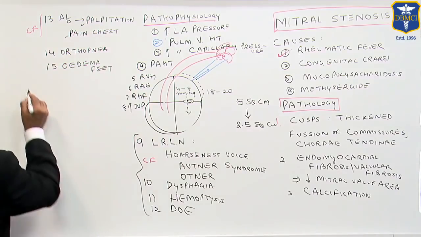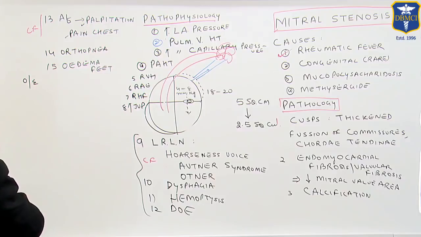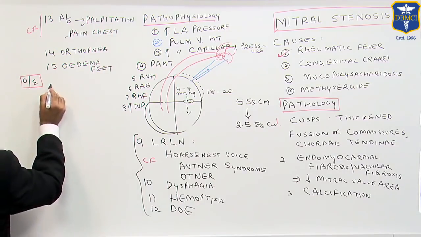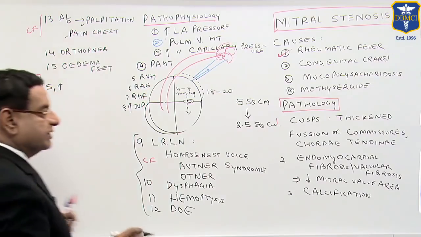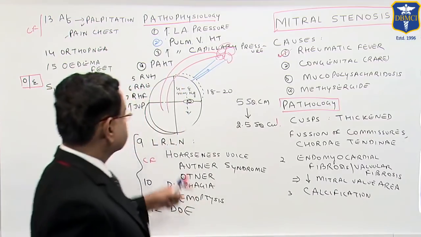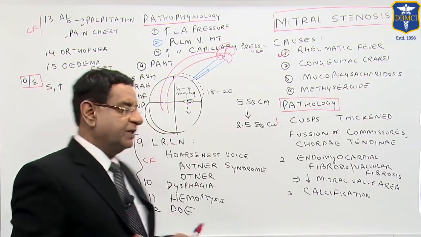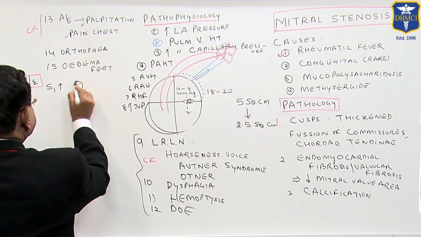Now, on examination, what will we get when we examine the patient? You get a loud S1. S1 is loud because LA pressure is very high, so the valve gets closed with great pressure. Also, the patient can develop an opening snap.